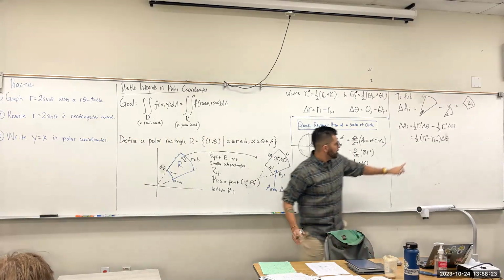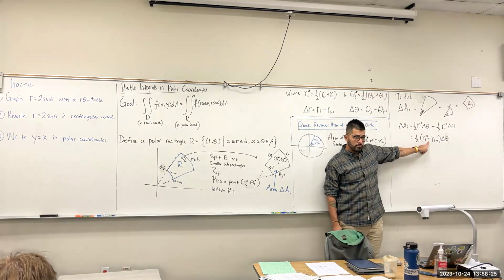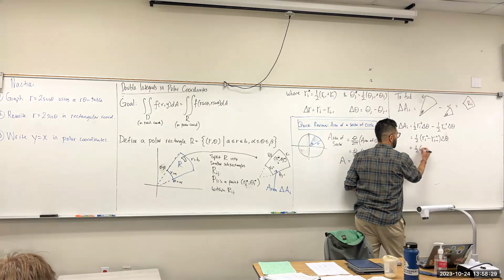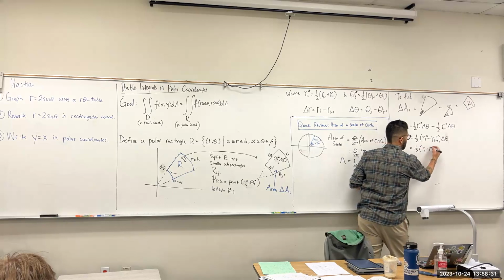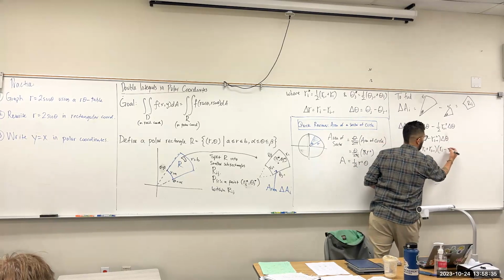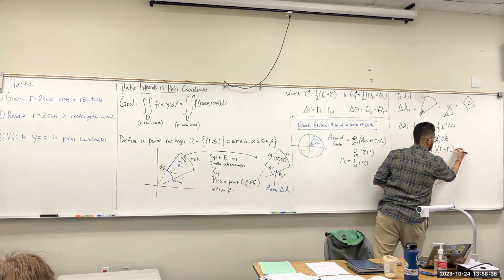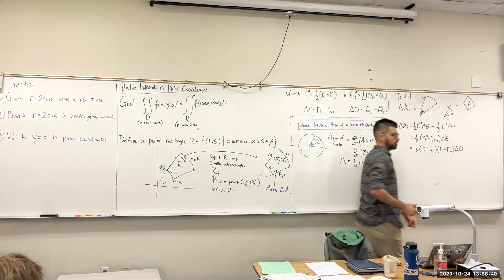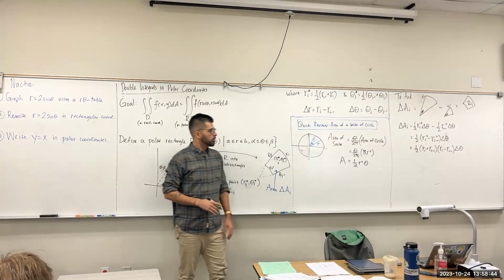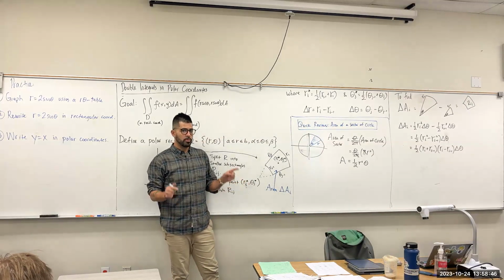Do you guys see a difference of squares? Difference of squares. So this factors into (r_i plus r_{i-1}), and then (r_i minus r_{i-1}), delta theta. Okay? Which looks nasty. But it isn't nasty.